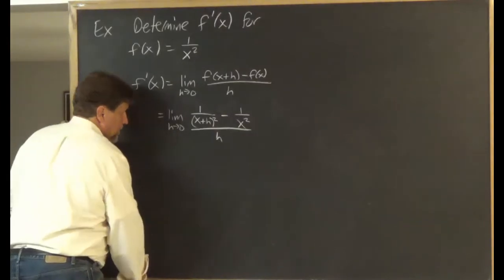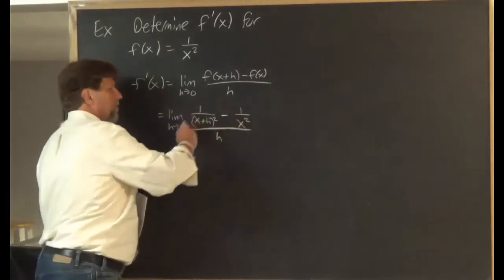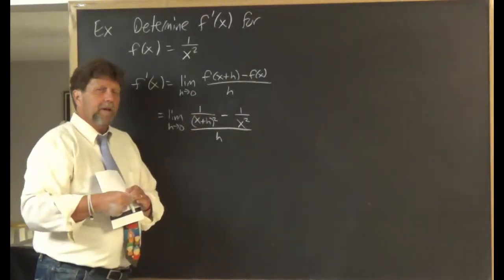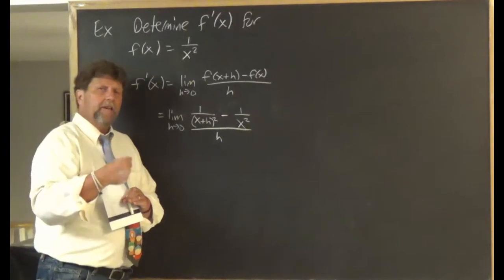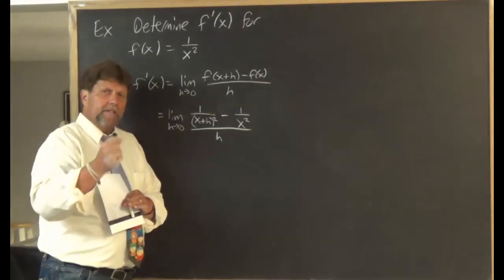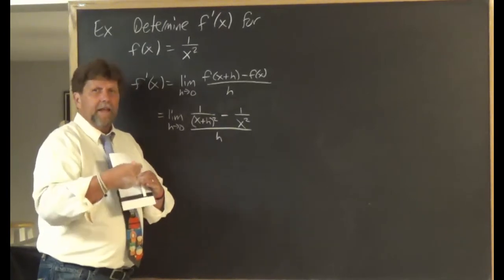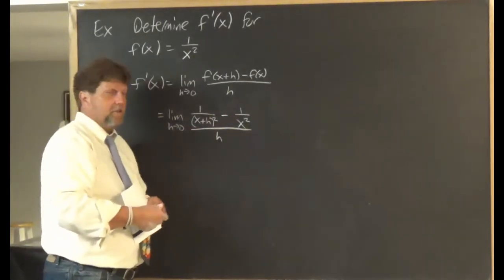And see, next we need to determine a common denominator for the numerator. Well, that common denominator is x squared times (x plus h) quantity squared. Now I'm going to multiply the numerator and denominator by that least common denominator to try to get out of ugly complex fraction world.